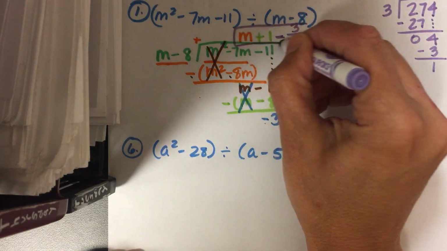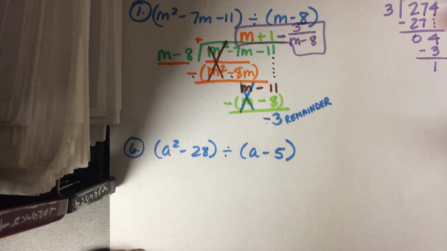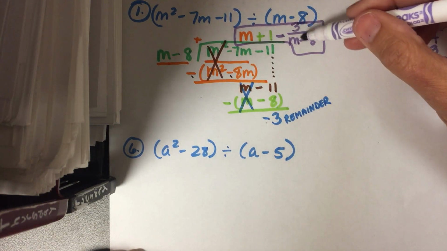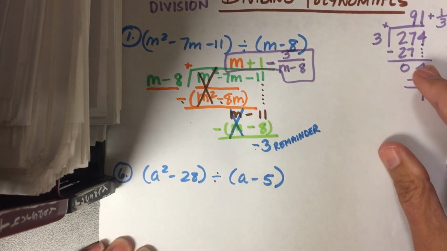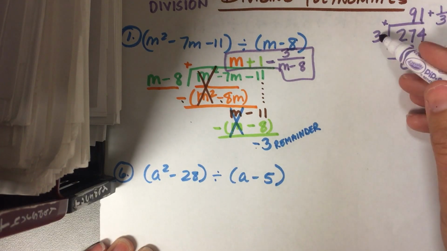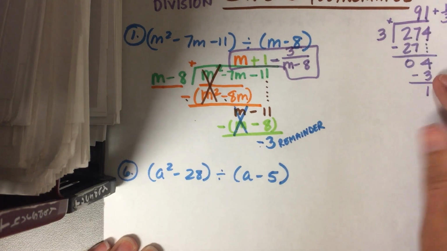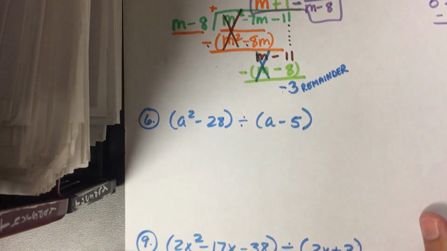And that is your final answer. Why do I do this? m minus 8 is what I'm dividing by, and I have negative 3 left over out of an m minus 8. Just as over here, I had 1 left over out of 3. So that's how you do long division.